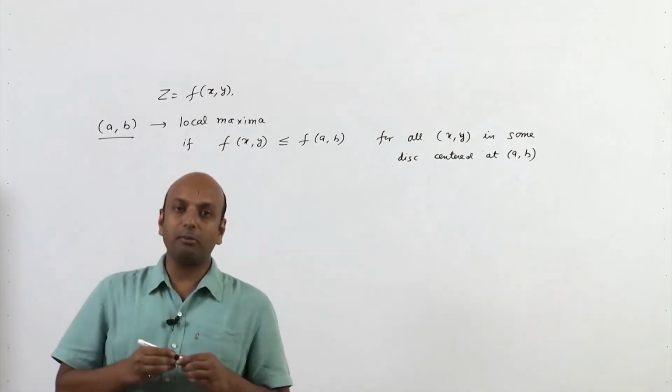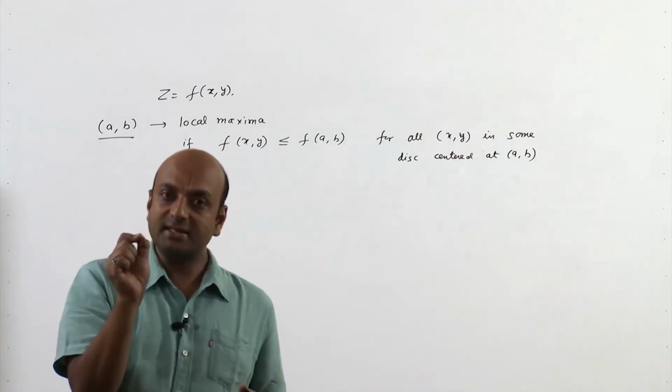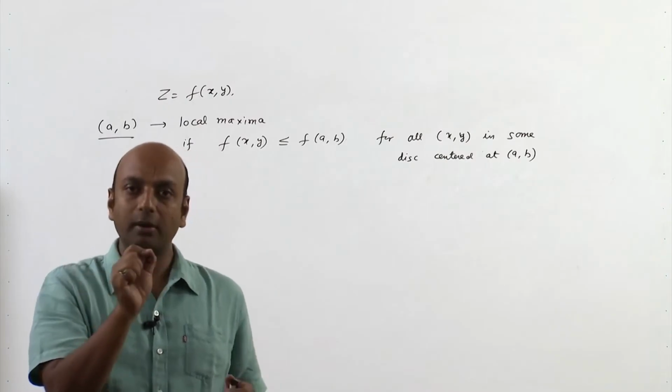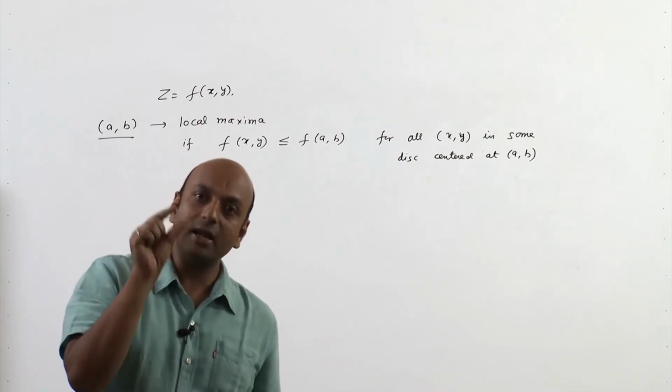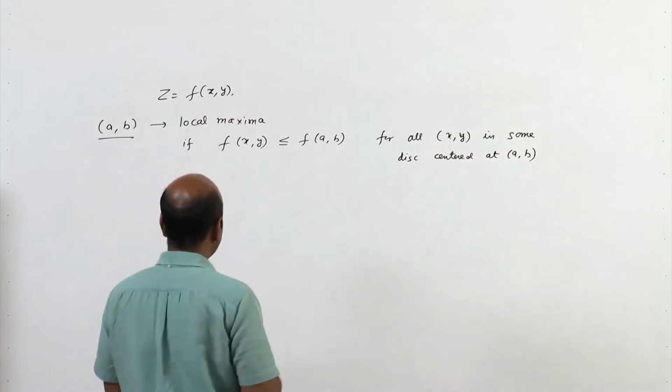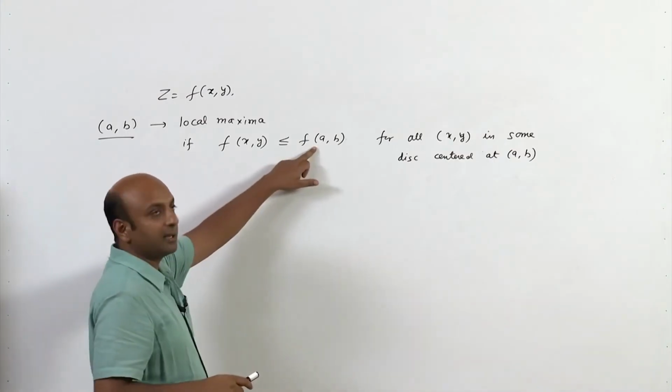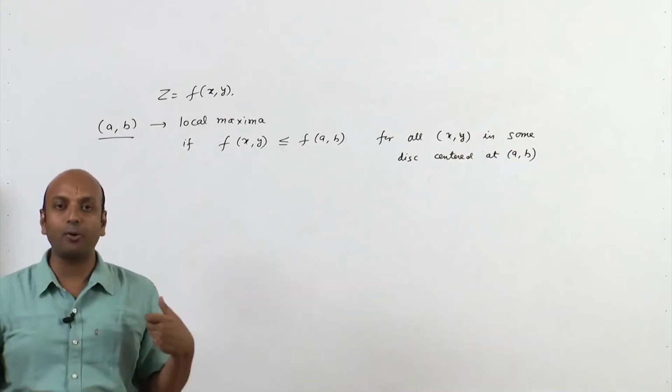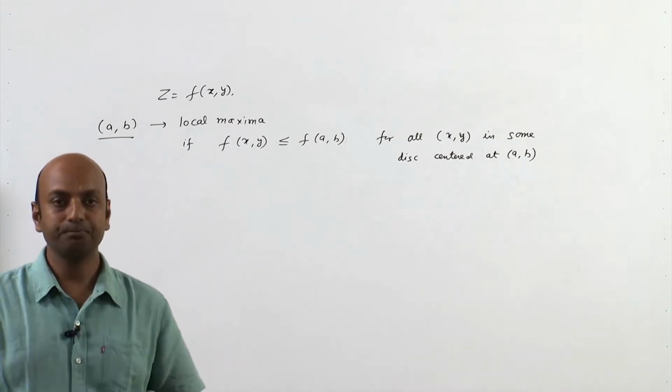You take a point (a, b) and there exists a disk centered at (a, b), and if for all (x, y) belonging to that disk f(x, y) is less than or equal to f(a, b), then we say that (a, b) is a point of local maxima.